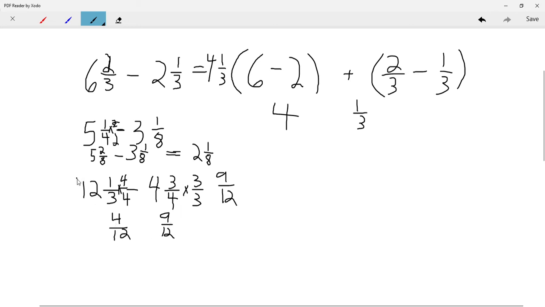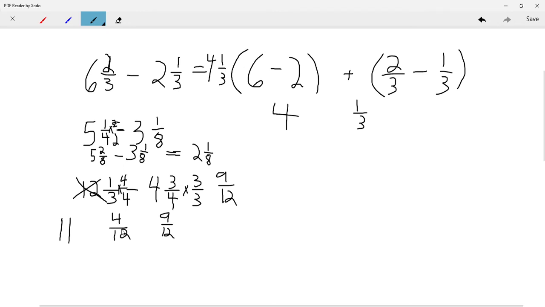So we need to borrow from this 12 here, and we're going to turn the 12 into an 11. Now, if I take a whole away from 12, we need to add a whole to this fraction.